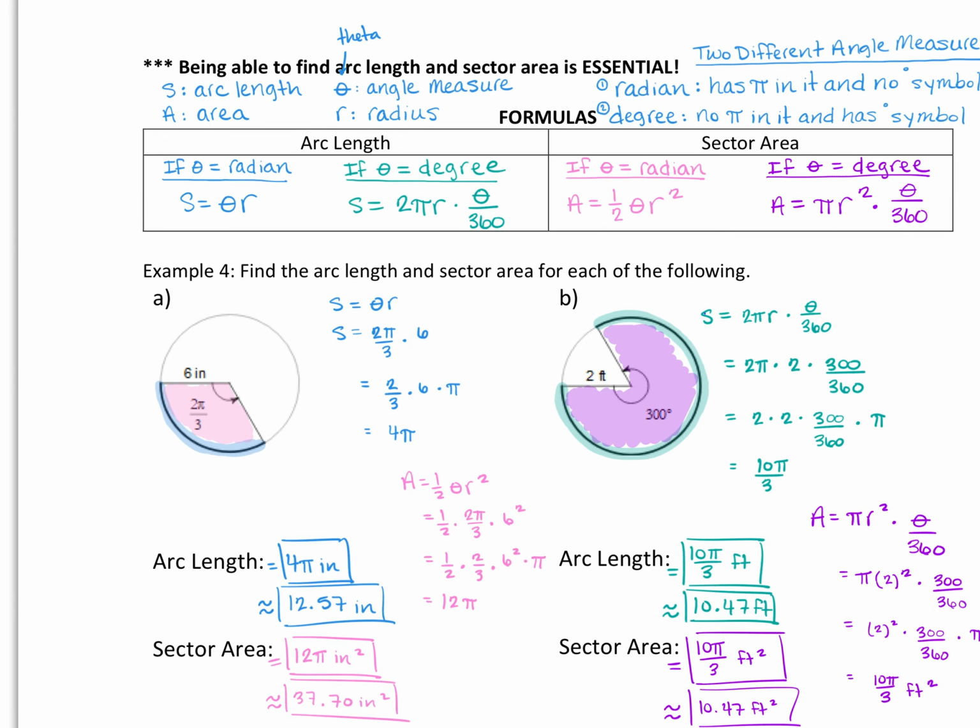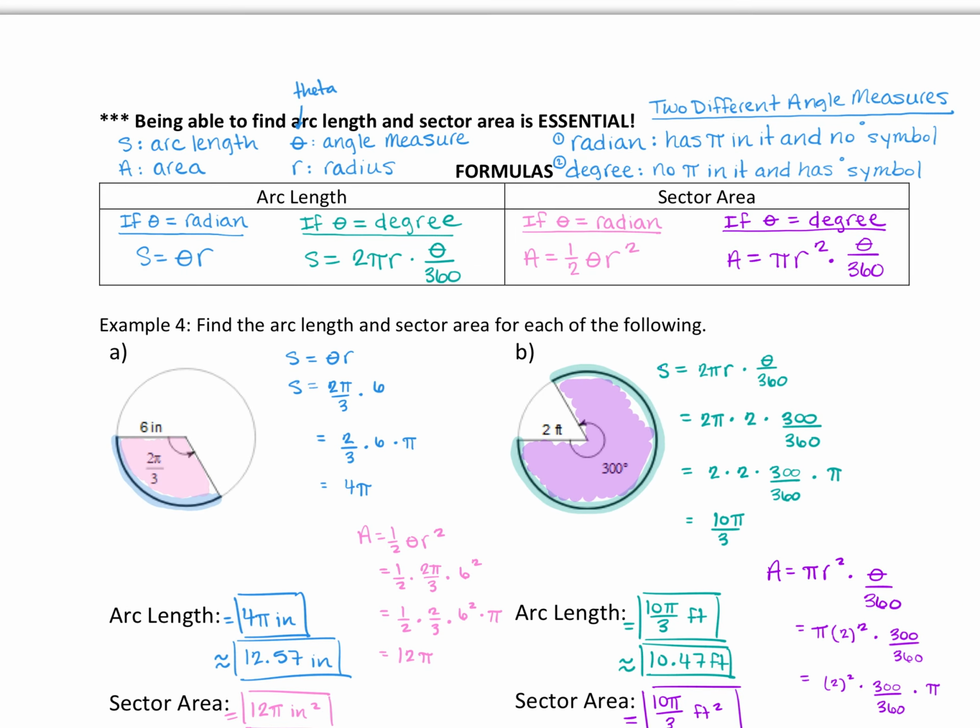And then the last thing is notice that when we were given the degree for our angle, the arc length ended up being the exact same as our circumference, right? 2 pi r, but we just multiplied it by the fraction of the circle we're talking about, right? We're not talking about the entire 360 degrees for our circumference.